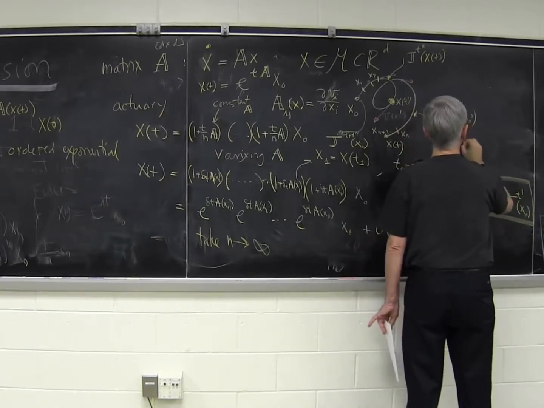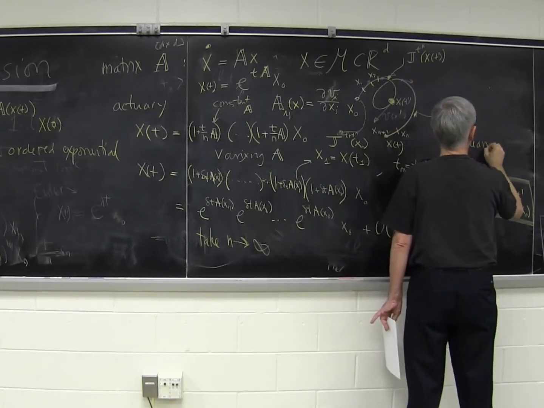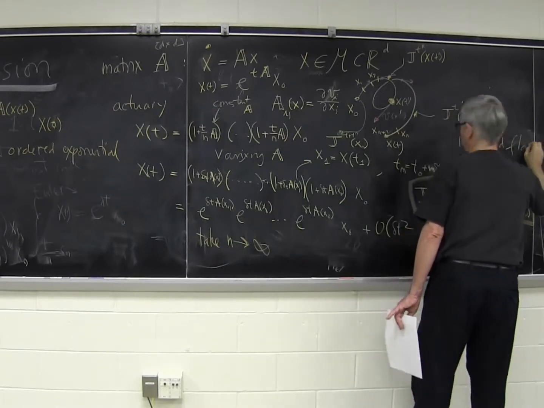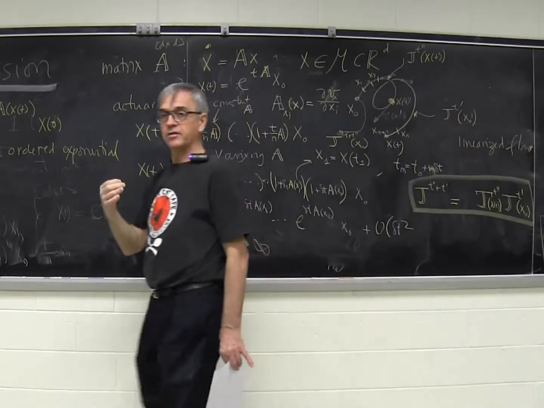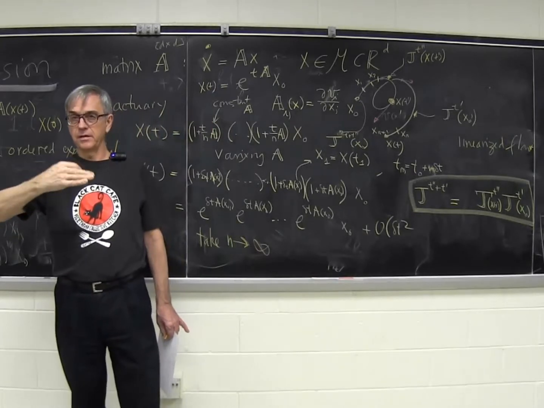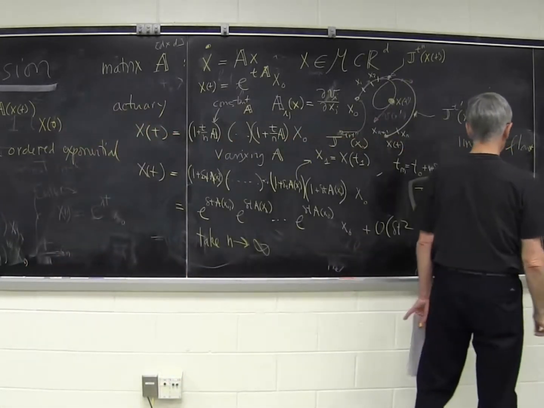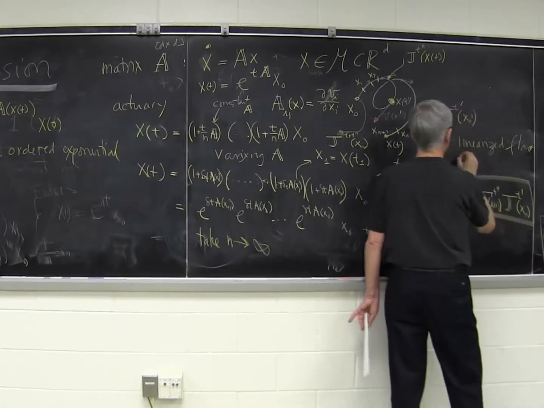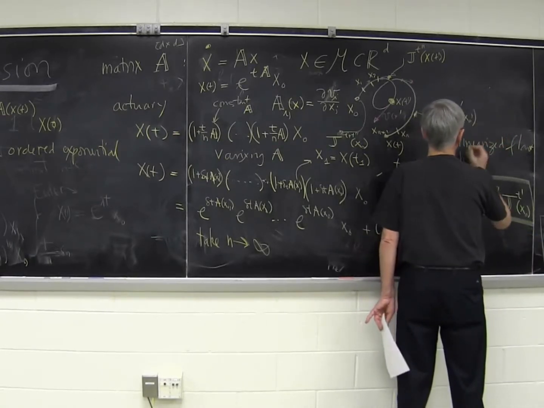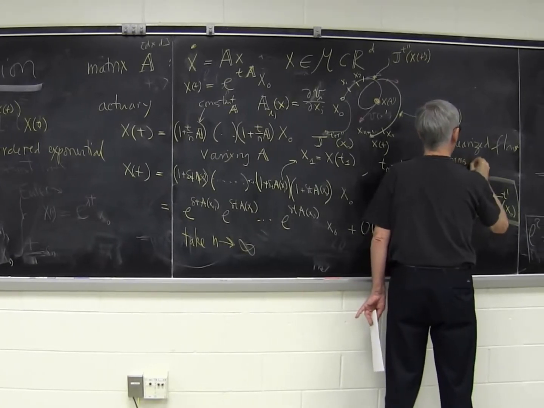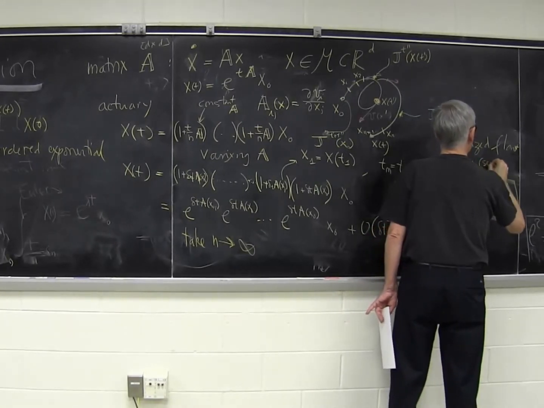So the linearized flow, meaning the trajectory plus its neighborhood, the linearized neighborhood, just neighbors for which I don't notice the higher order terms, has a group property, forms a semi-group.